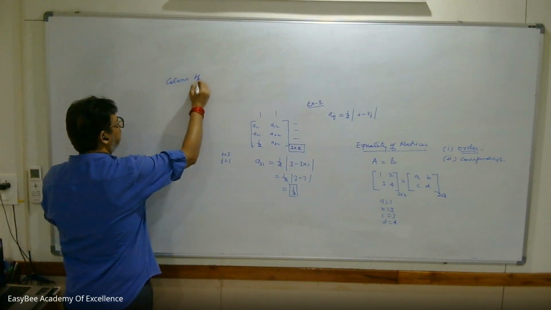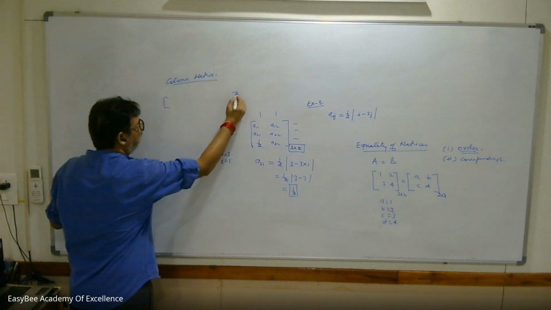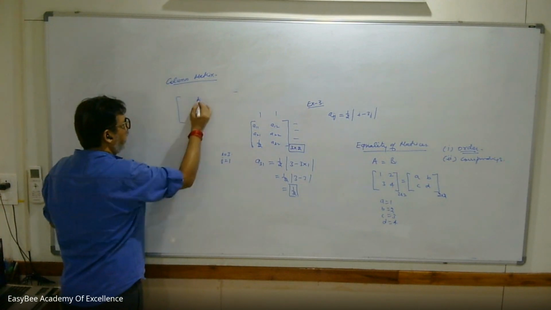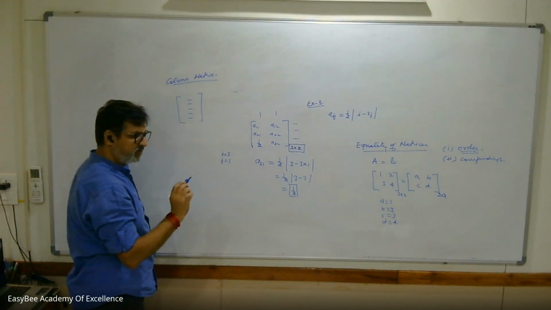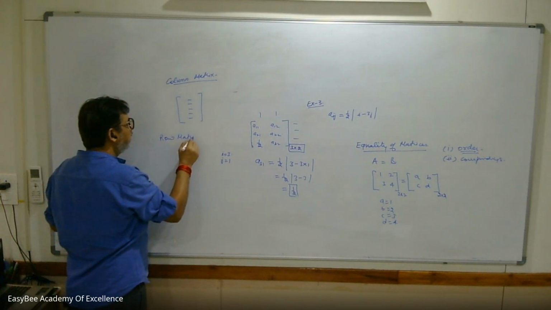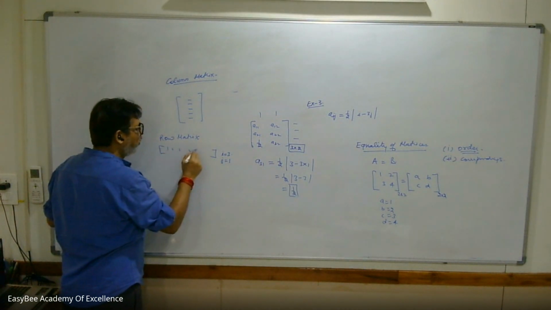What is a column matrix? A column matrix is a matrix in which you have only one column and you can have any number of rows. So this is a column matrix. Then you have a row matrix. What is a row matrix? It has only one row and you can have any number of columns.